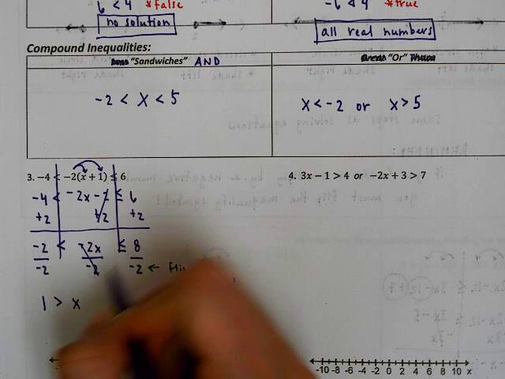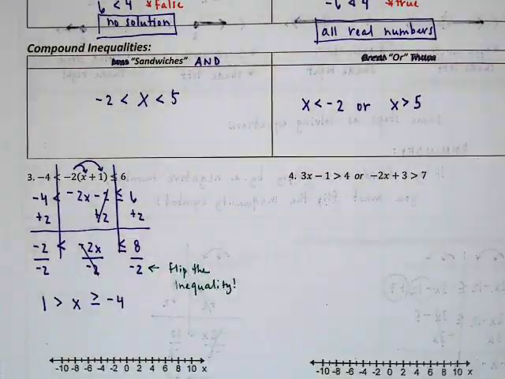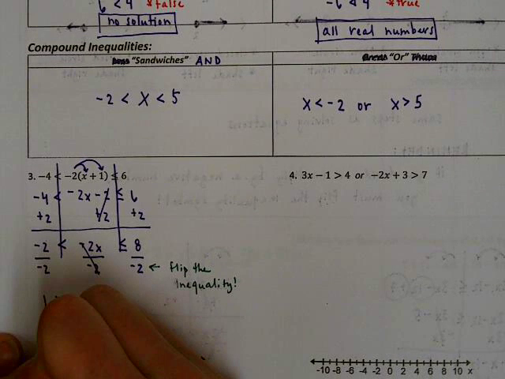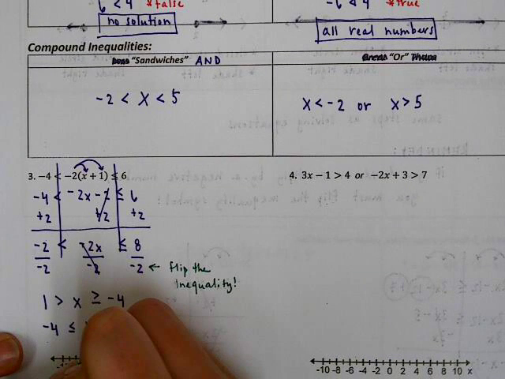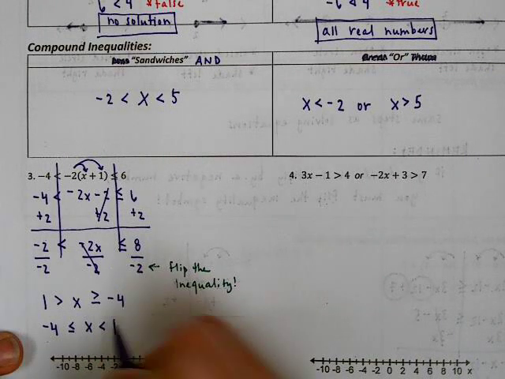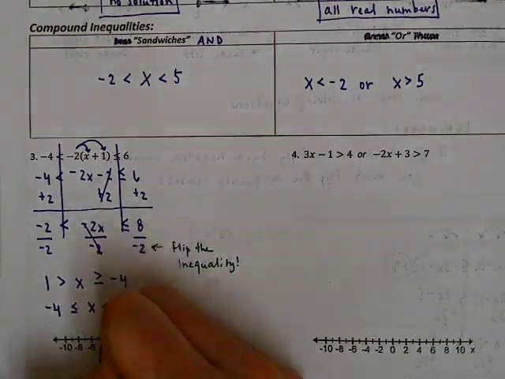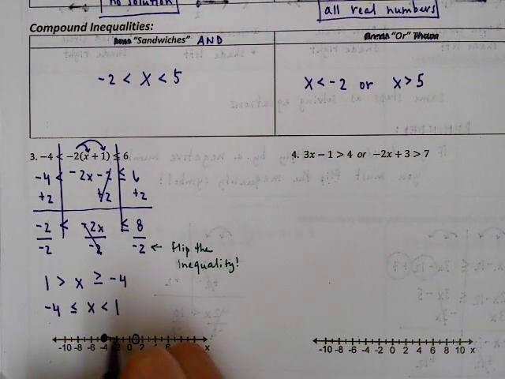X in the middle, and this becomes -4. Now I just want to rewrite it so my smaller number's on the left. So I'm going to have -4, this changes to a less than or equal to, my x is in the middle, this changes to a less than, and I have a +1. When I go to graph it, I'm going to have a closed circle on -4, an open circle on 1, and shade everywhere in between.